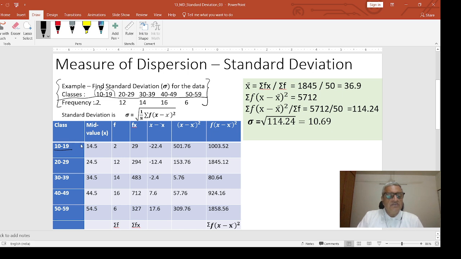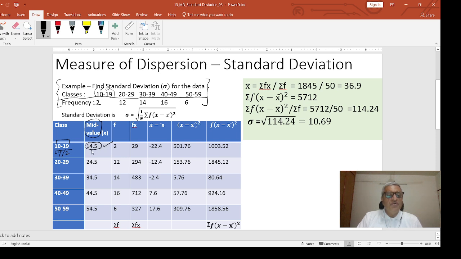Then the next column would be the middle value of each class. How do you find it? You add the lower limit and the upper limit and divide by 2. So 29 divided by 2 is nothing but 14.5.